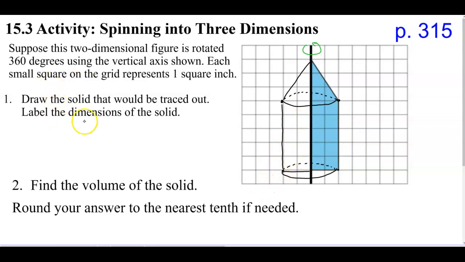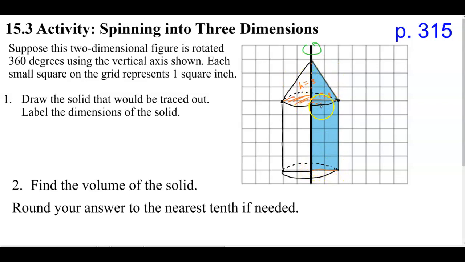Okay, label the dimensions. So now we have to label radii, diameters, whatever we need to solve this. So I'm going to start here and say the radius is 2. Now I notice that this is a cone, 1, 2, 3, with a height of 3. And I'm thinking of this bottom part being the base. So up top I've got a cone.